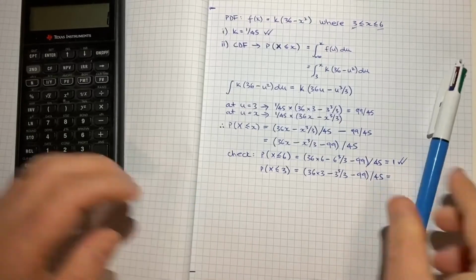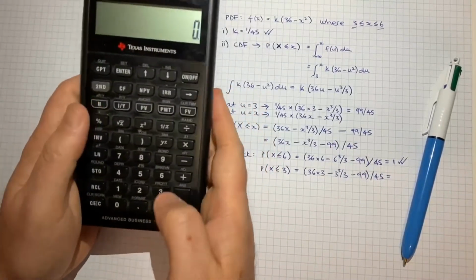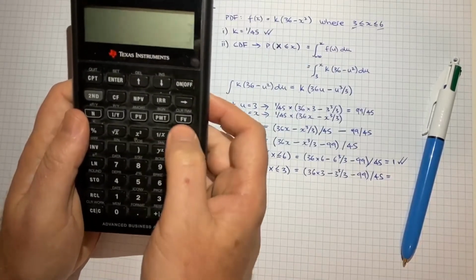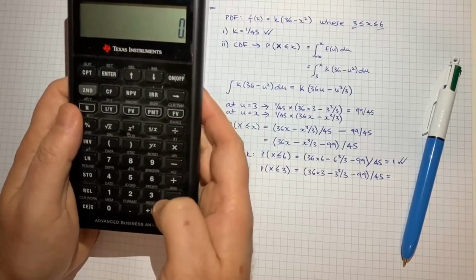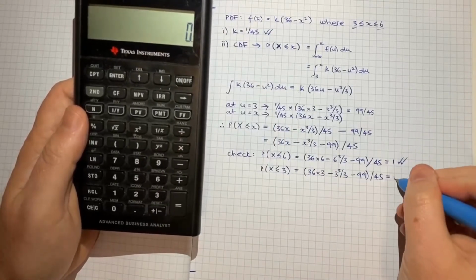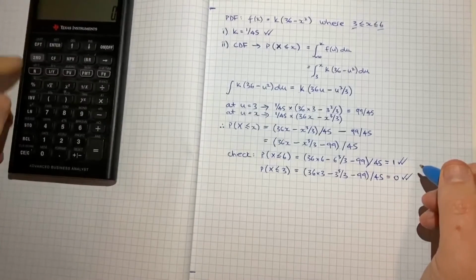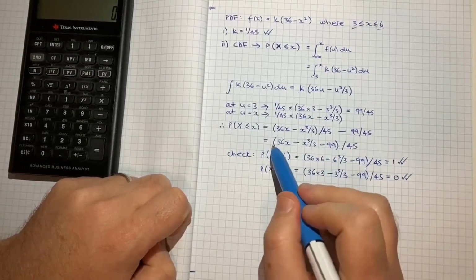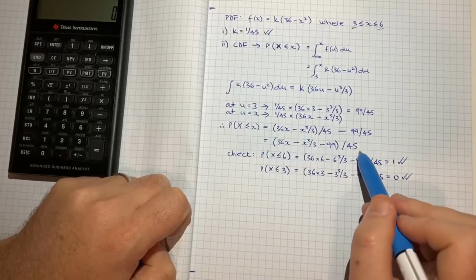What does that equal? Let's have a look. 36 times 3 minus 3 to the power of 3 divided by 3 minus 99 is 0. 0 divided by anything will be 0, so good. So I'm comfortable that I haven't made any mistakes through that. So I'm going to go with this as our CDF.